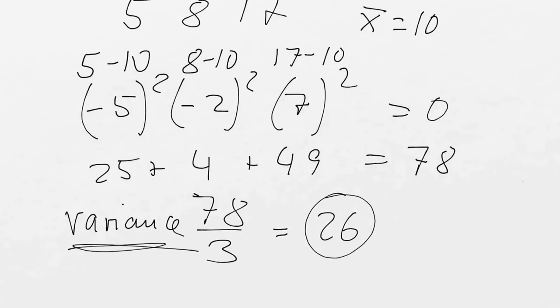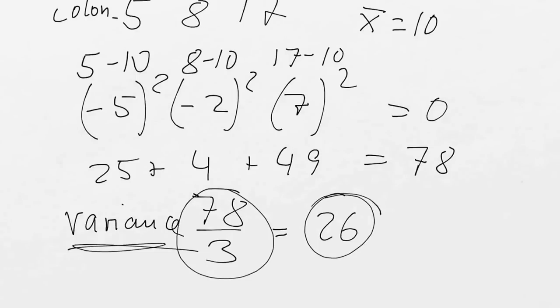But usually, I told you things always have a dimension. This one would have colonies on a plate as the unit. But this 26 has a very bizarre unit: colonies squared per plate squared.